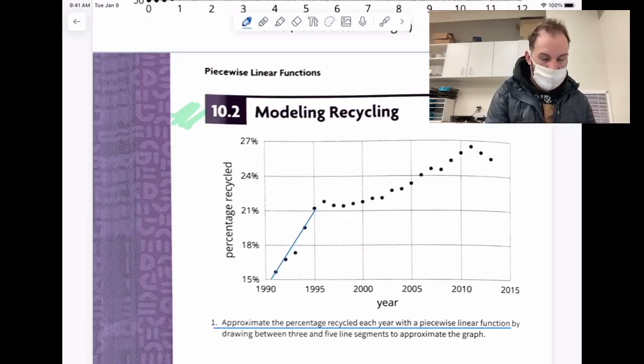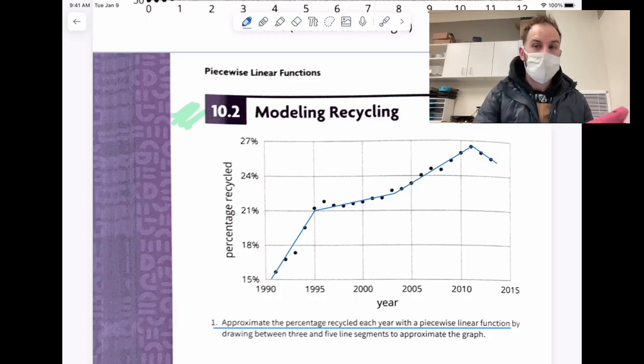Now, if you want to go 3 lines, it would make sense to make maybe a line right here and another line right there. It did also say 3 to 5, so it would be acceptable to do something like this. Now those 4 different pieces I've drawn do approximate the line pretty well.